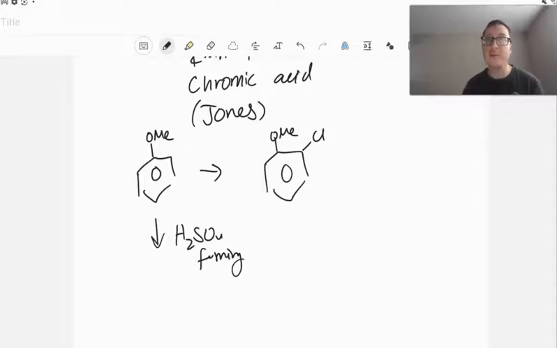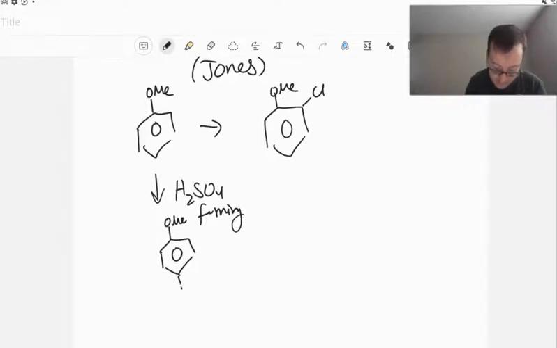There's technically some distinctions you can probably make. You can say OMe is probably a small enough group that the ortho is not sterically hindered, but it's just a safer bet to do para. Or if you wanted ortho, block off the para position. You'd have to prevent it from doing that, so I would always do it this way.